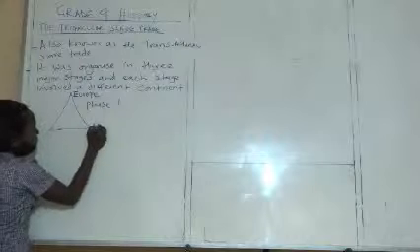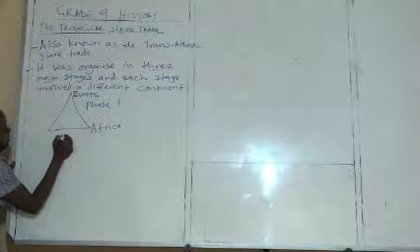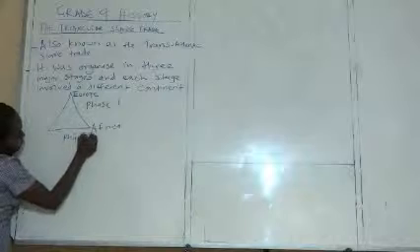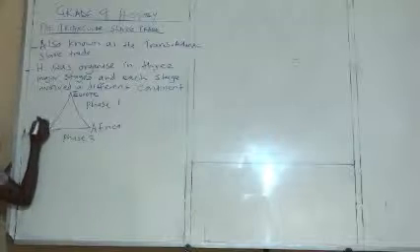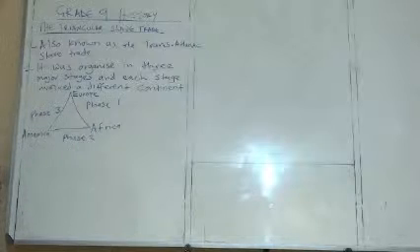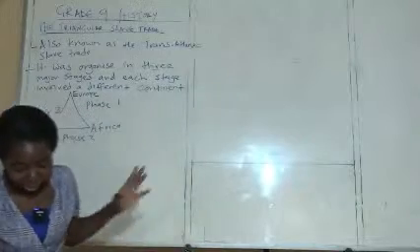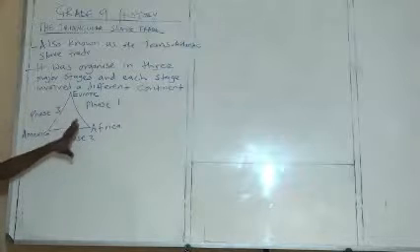Here we have Africa. You have phase 2. Here we have America. Phase 3. Okay, so we are going to look at these stages in the triangular slave trade.